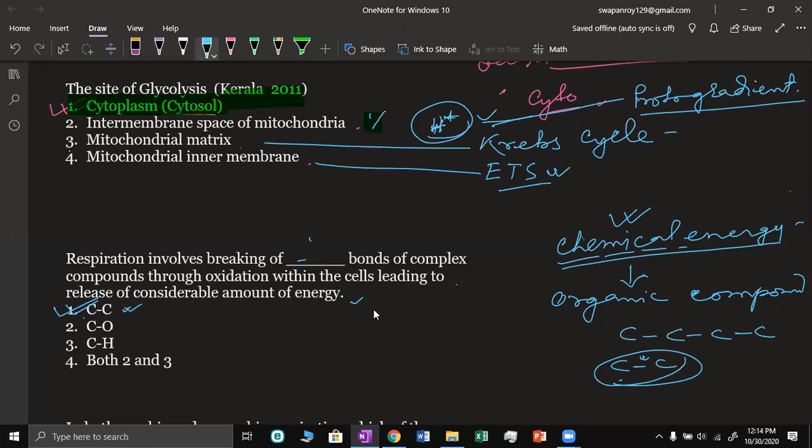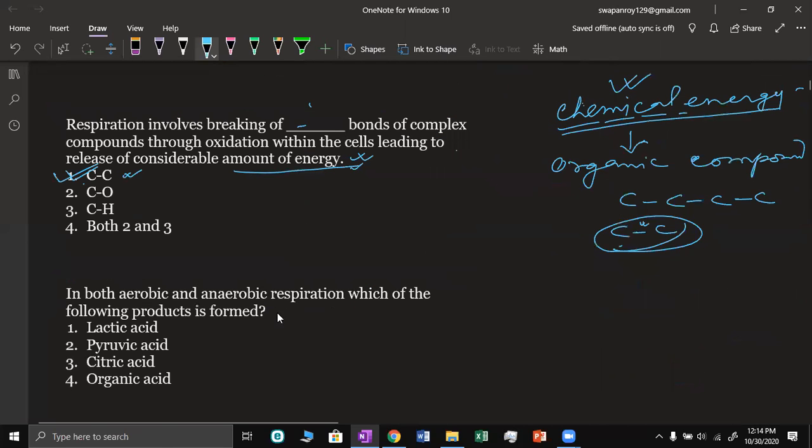This bond breaks and releases the energy. Not C-O or C-H, mainly it is the C-C bond. You will get these things in your book, in the introductory portion. There is a breakdown of the carbon bond.